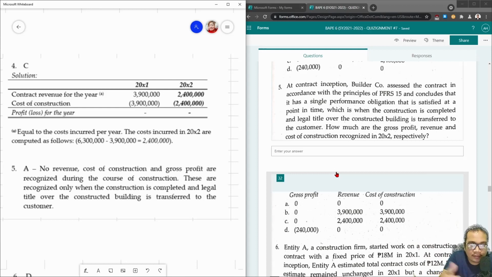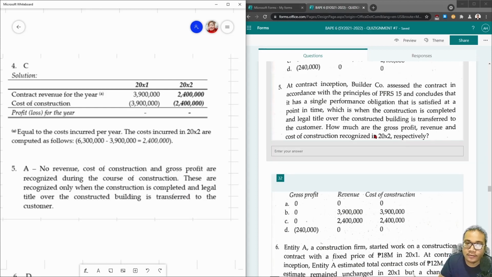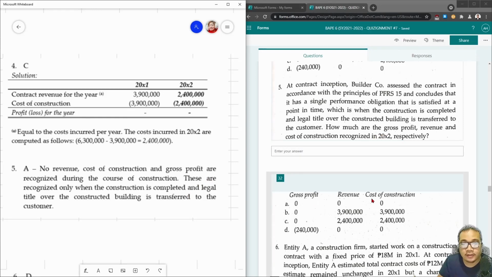Habang ginagawa mo yan, wala kang i-recognize. Magkakaroon na ng recognition pag nagkaroon na ng construction is complete and legal title is transferred. Kaya dito, as of 20X2, since hindi pa rin tapos, wala kayong recognize sa gross profit, revenue, and cost of construction. Tsaka na, pag na-complete na at na-transfer na yung legal title.